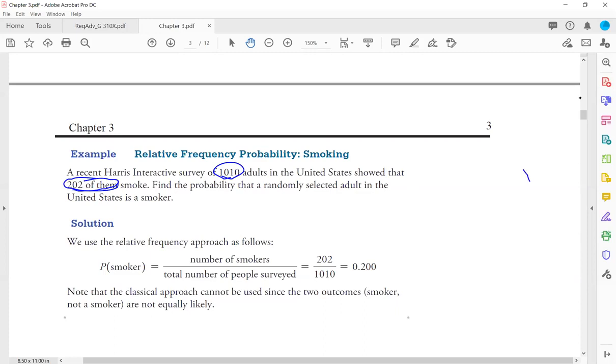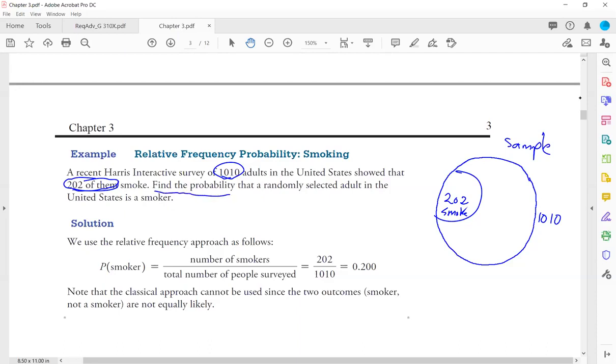So here you have a survey, here you have a sample of 1,010 adults, and it turned out 202 of them smoke. It's a sub-collection or subset of your sample. Find the probability that a randomly selected adult in the United States is a smoker.